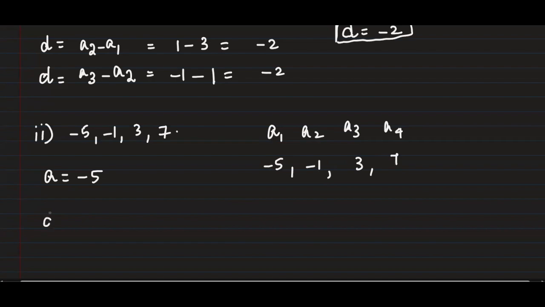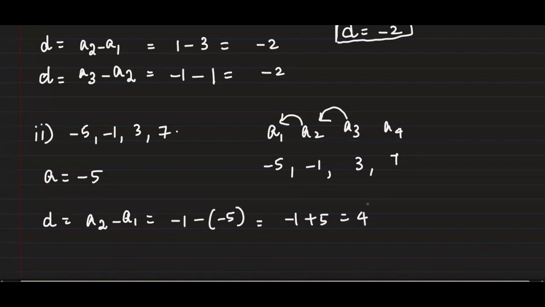To find the D value, we will do A2 minus A1 or A3 minus A2. A2 is minus 1 minus of minus 5. So that will be minus 1 plus 5, which is equal to positive 4.